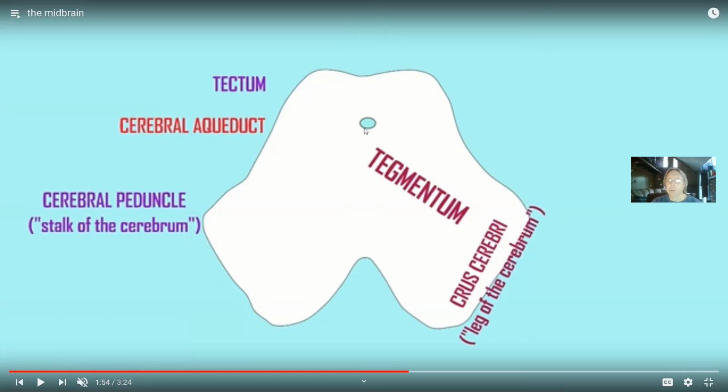So we have a cerebral aqueduct, the tectum with the colliculi, and then we have an area called the tegmentum that is then attached to the cerebral peduncles. This is, quote, the stalk of the cerebrum, which is what it literally means. And then the leg of the cerebrum would then be this final part.